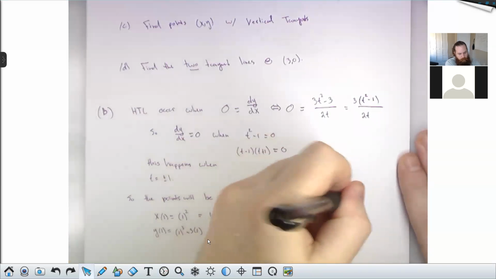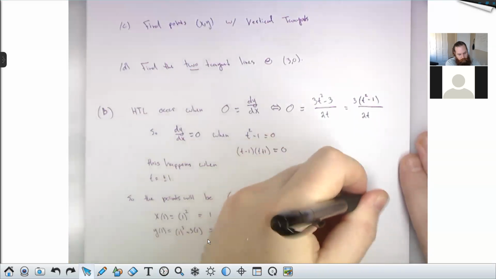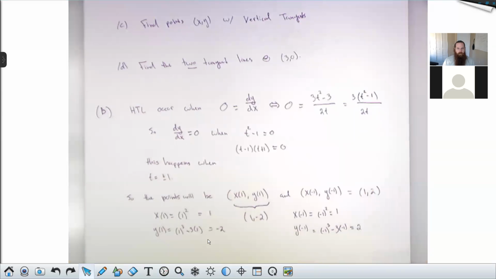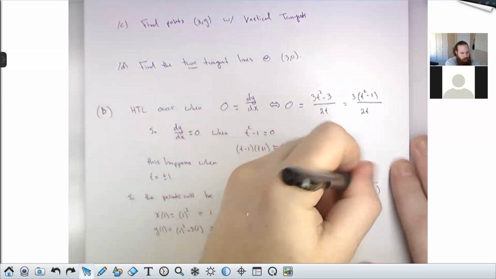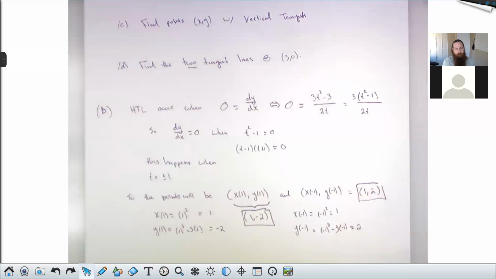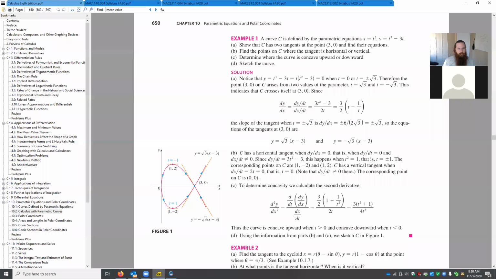So this point right here is 1, 2. So my 2 points where I have horizontal tangents are 1, -2 and 1, +2. And if you look at the curve here, you see it, right? Here's this curve. At 1, 2 and at -1, 2, I have a horizontal tangent.